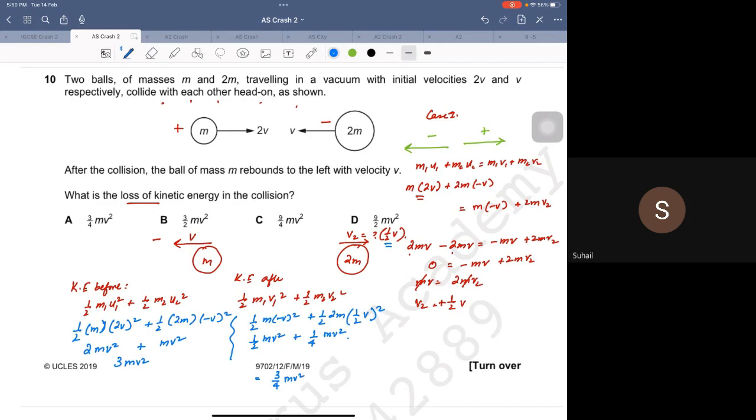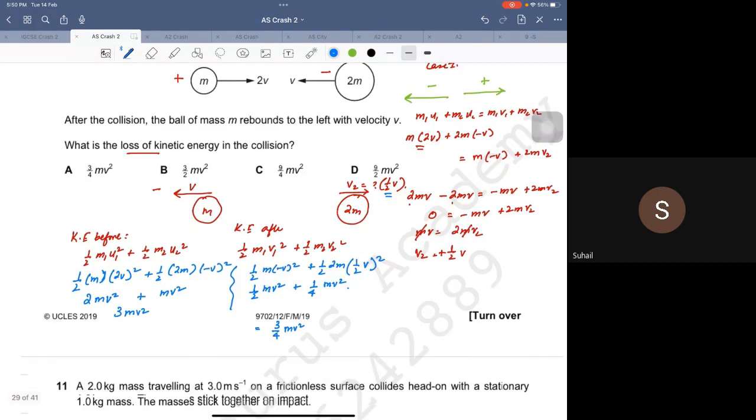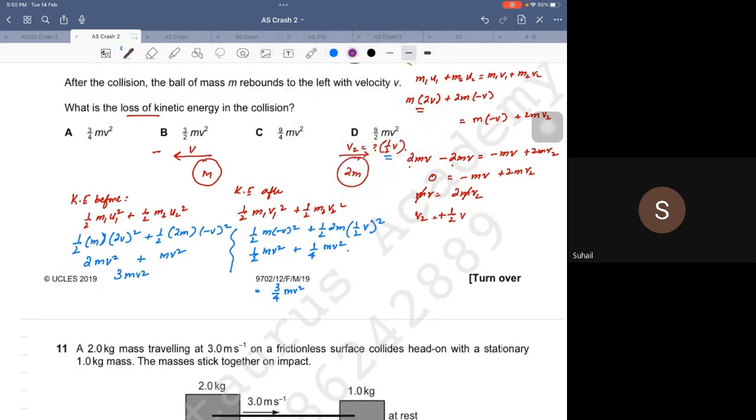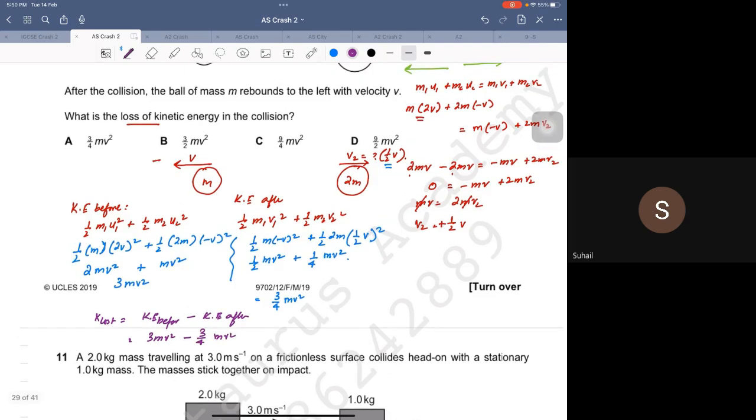So this is afterwards. Now we just need to find the loss of kinetic energy. The kinetic energy lost will be kinetic energy before minus kinetic energy after. So it's going to be 3 mv square minus 3 by 4 mv square, which is, I think, 3 minus 3 by 4.